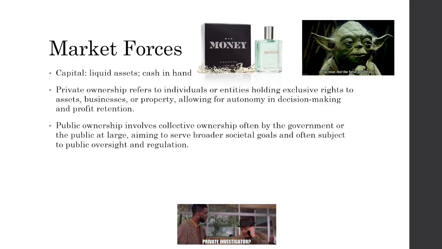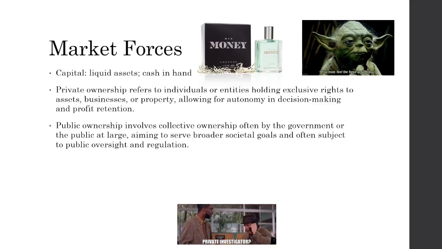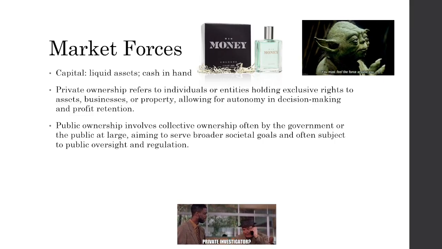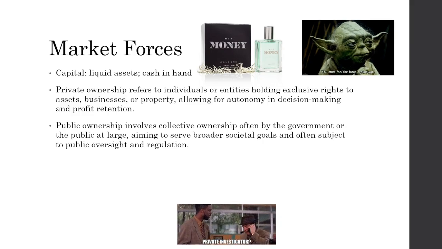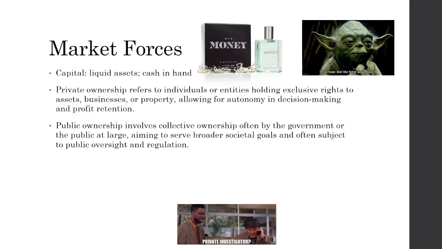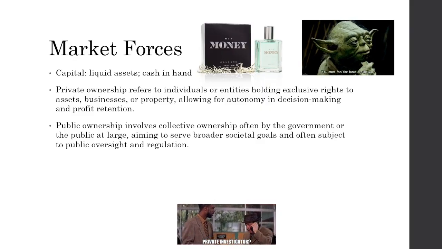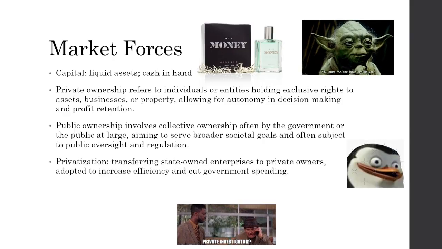But private property is typically owned by individuals or businesses. So Walmart is private property. Gas stations are private properties, just for examples. And public ownership is overseen by the government, public entities, and they're regulated by such groups as well. And then basically the opposite of public ownership is private ownership.